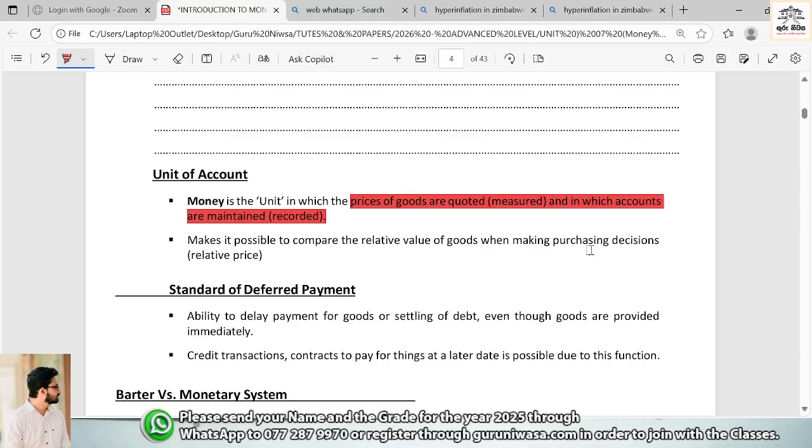It means you can buy something today, and payment can be made in the future using money. That is called a standard of deferred payment. It is the ability to delay payments for goods or the settling of debt, even though goods are provided immediately. You can buy goods and services immediately, but payments can be made in the future with the use of money.